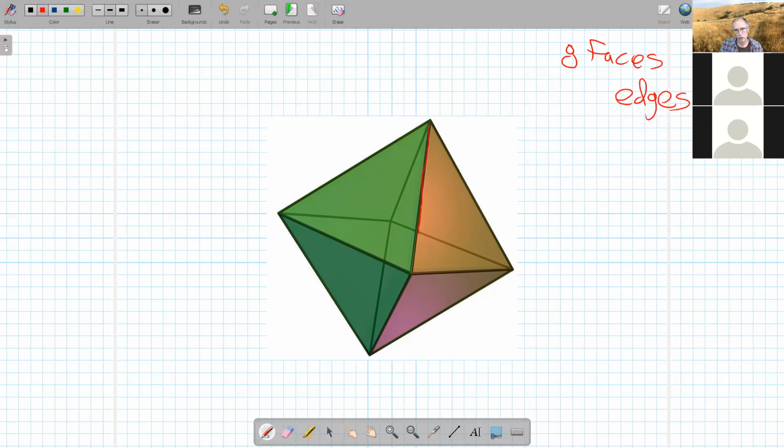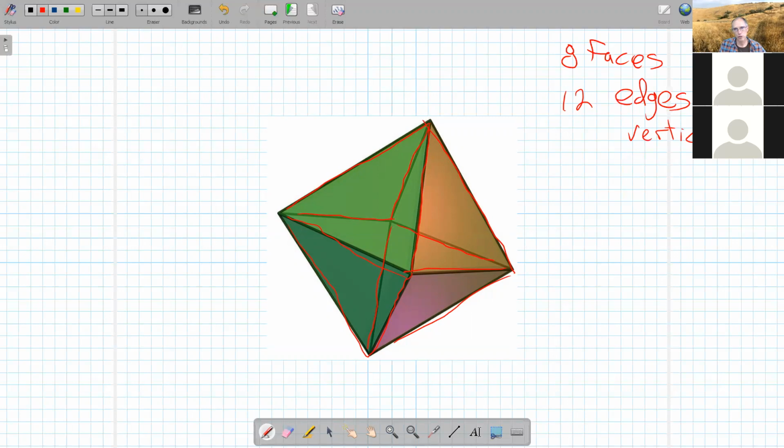There's 1, 2, 3, 4 on top. There's going to be a matching 4 on the bottom, and then there's the 4 around the middle. I think I got them all that way, right? 1, 2, 3, 4, 5, 6, 7, 8, 9, 10, 11, 12. Yeah, it looks like 12 to me. 12 edges.